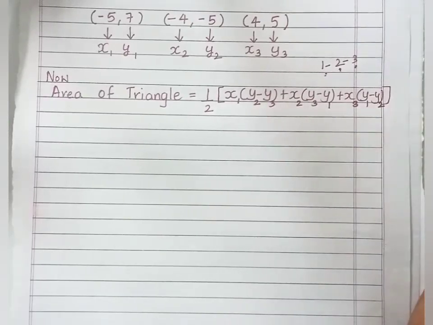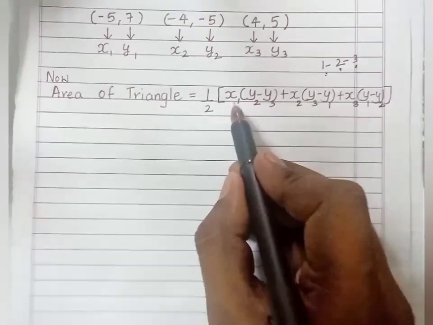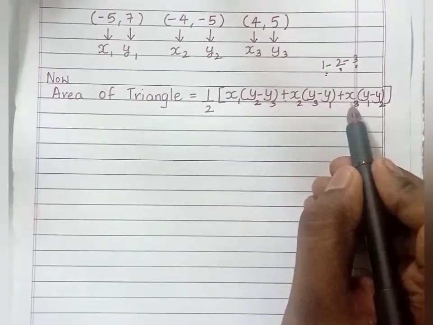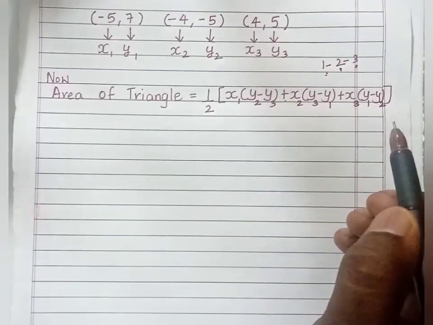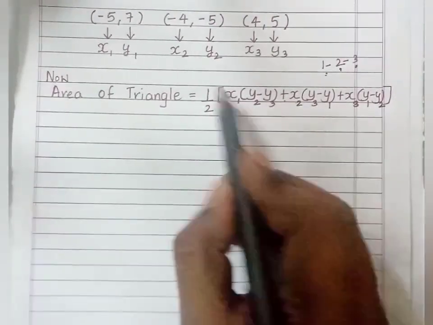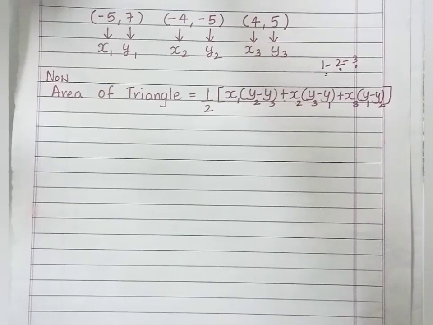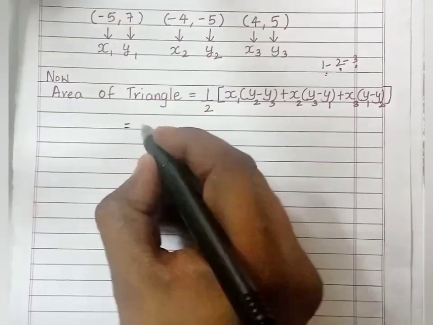So now area of triangle equals half into x1 (y2 minus y3) plus x2 (y3 minus y1) plus x3 (y1 minus y2). Now substitute all the values of x and y in the formula.